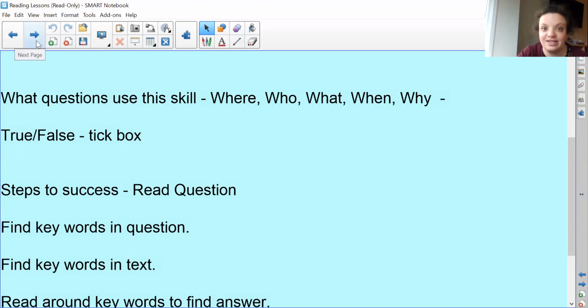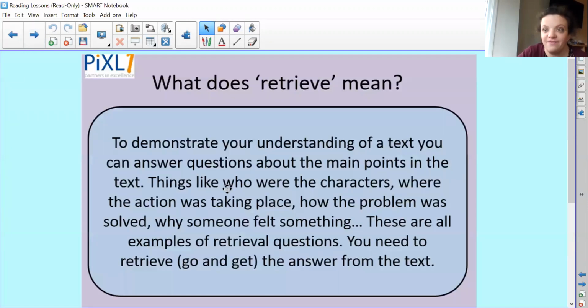Okay, let's carry on. So, retrieve. Who can remember what it means? Talk, have a little think, 10 seconds, pause if you want to. What does retrieve mean? So, retrieve means you demonstrate an understanding of the text. You can answer questions about the main points, things like who were the characters, where the action was taking place, how the problem was solved, why someone felt something.